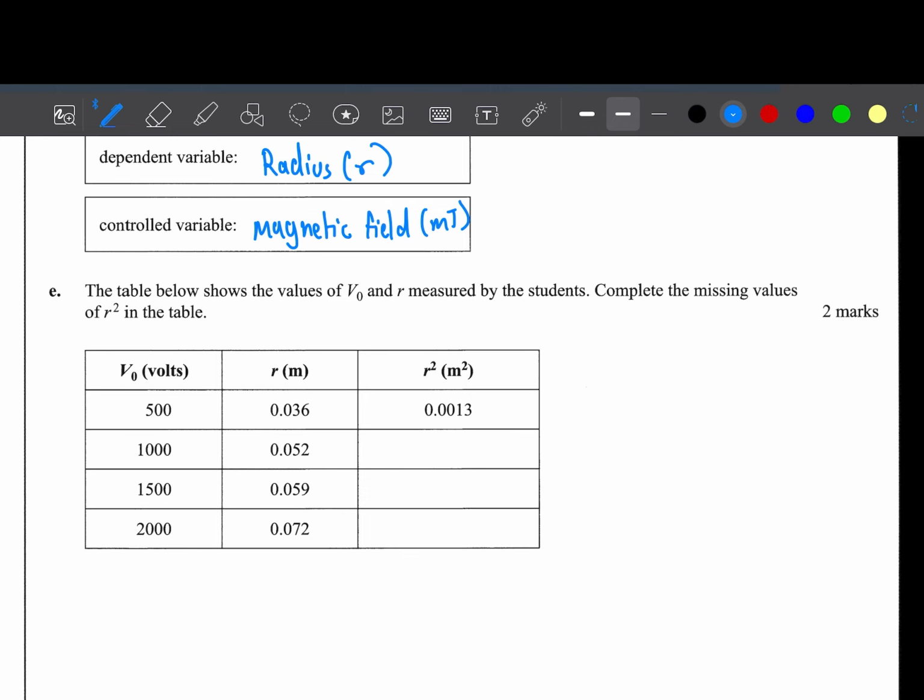So we just have to square the r value and then write it next. 0.0052 squared is giving us 0.0027, 0.059 squared is giving us 0.0035, and 0.072 squared is giving us 0.0052.